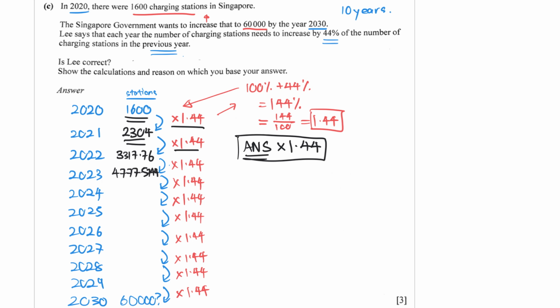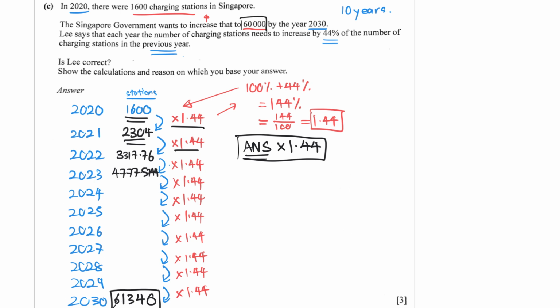And after pressing it multiple times, do keep track, everyone. You realize at the end, you would hit the value of 61,340, and that is sufficient for our goal of 60,000. So Lee is correct.